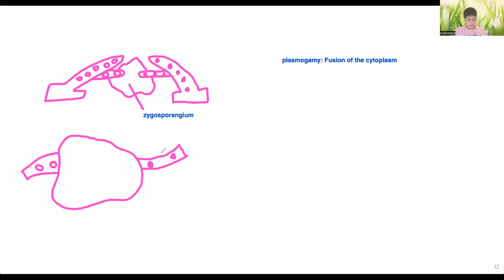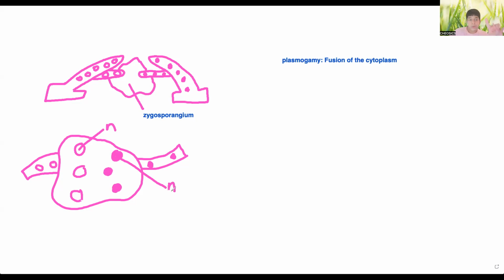So here there's plasmogamy and there's karyogamy. I'm drawing 3 nuclei of each. Here you have your first ones and here you have your second ones. These nuclei are haploid in nature. Haploid is denoted as n and diploid is denoted as 2n.